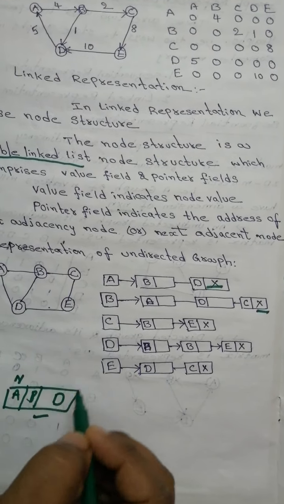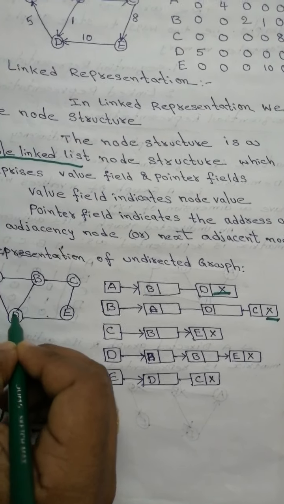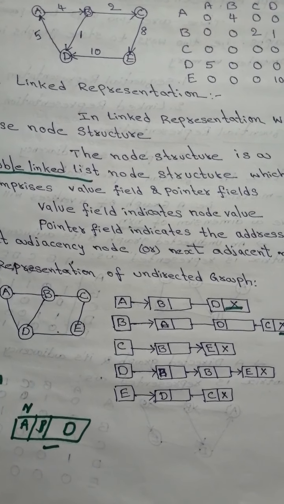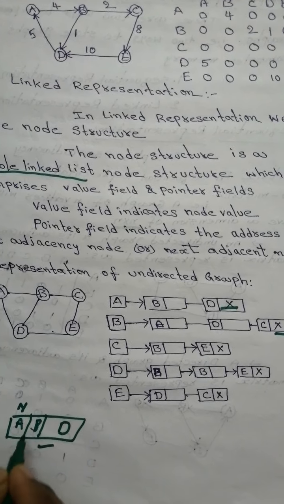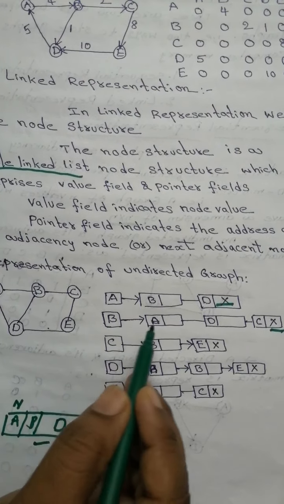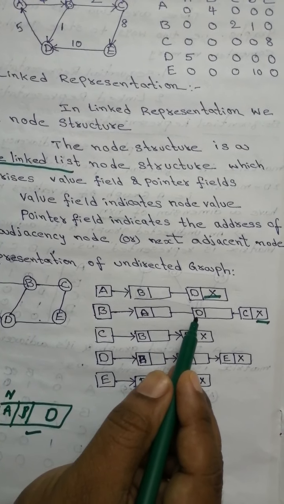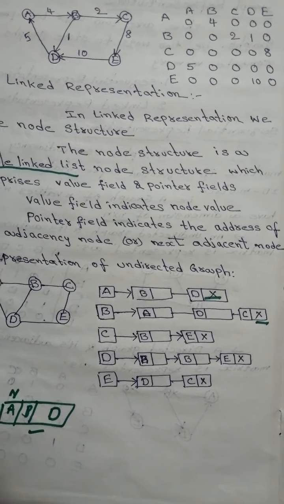We are representing a double linked list structure, but here B has three adjacency nodes, A, D, C. Remember, we will have the adjacency node list here. B is the starting node, so B will have adjacency to A, then A will have adjacency to D, D will have adjacency to C. Like this we will be representing.